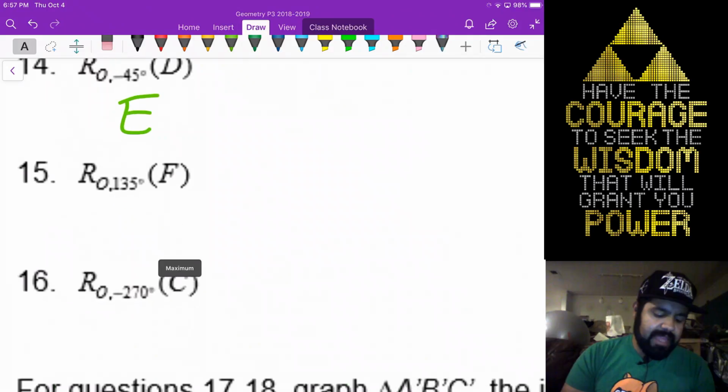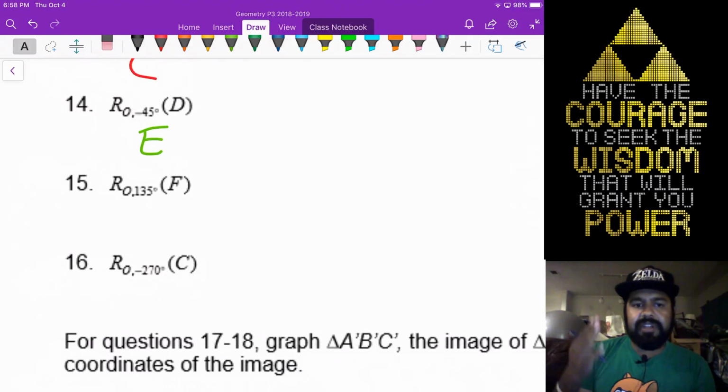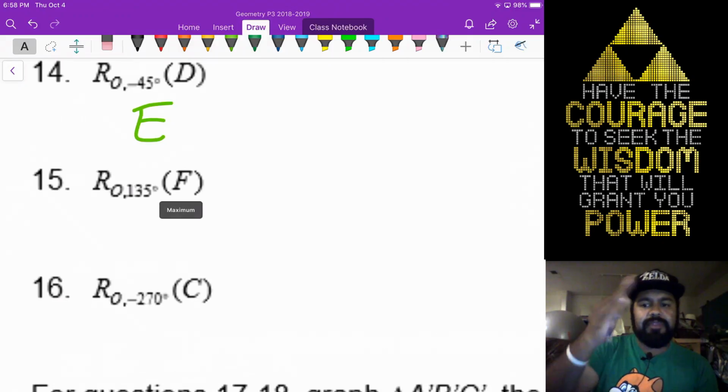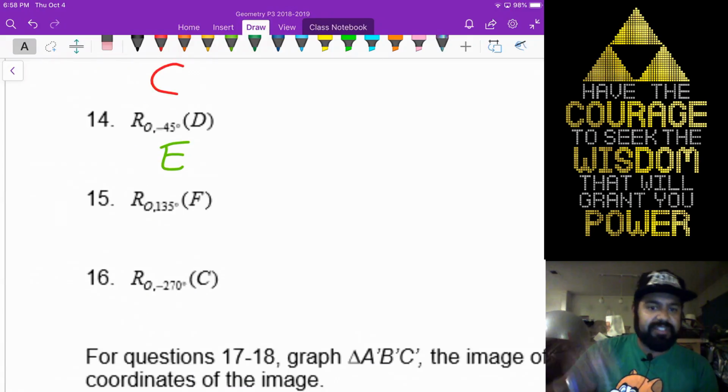All right, number 15. We're going to move letter F 135 degrees. So if you're having trouble figuring out how many counts that is, remember that 180 is a half turn, 90 degrees is a quarter turn, and 135 is in between those two. So that means I'm going to be moving 3 little sections.